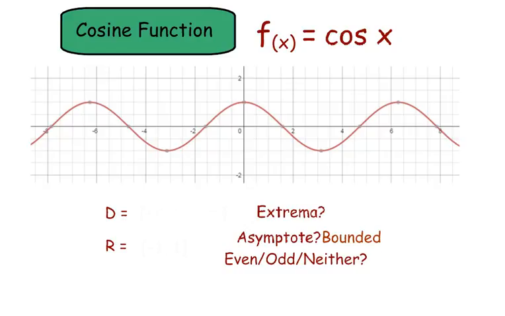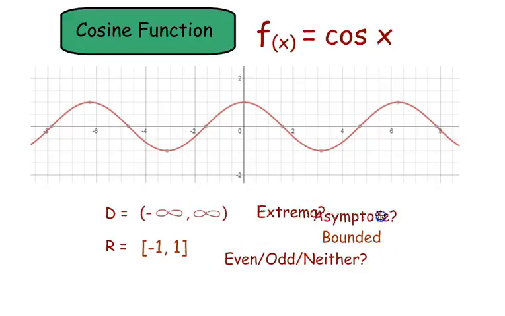But let's just examine this and analyze the function for its domain. Obviously, all real numbers, just like the sine function. Its range toggles back and forth from a minimum of -1 to a maximum of +1 and continues that process. So the range is from -1 to +1. The asymptote is no, it doesn't have an asymptote, but it is, just like the sine function, bounded.